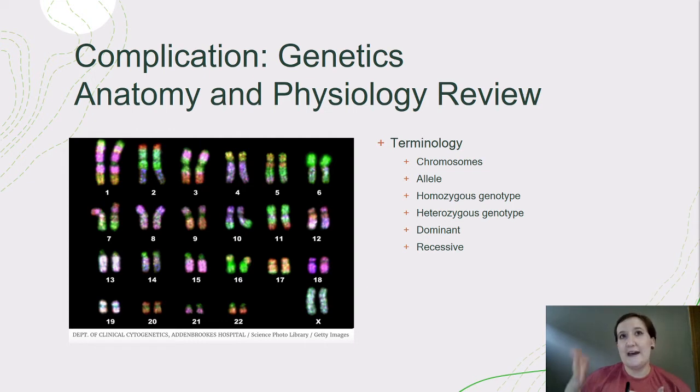But if you have a parent with brown hair and a parent with blonde hair, or a parent with straight hair and a parent with curly hair, chances are you're only going to have one of those. You can't have both straight and curly hair. Well, most days, right? So there's going to be a dominant allele, and then there's a recessive.